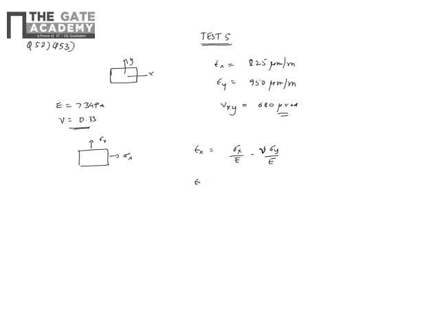And epsilon y will be sigma y by E minus nu sigma x by E. This is from the modified Hooke's law considering the Poisson effect, and gamma xy will be 1 by G tau xy. So this is also quite straightforward.